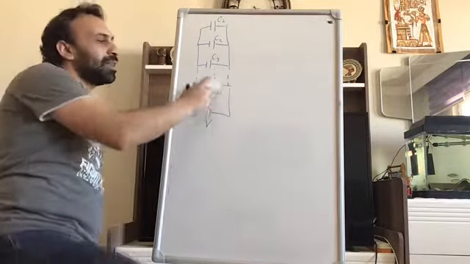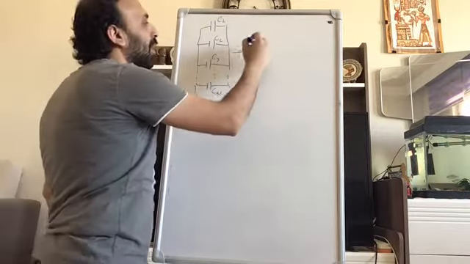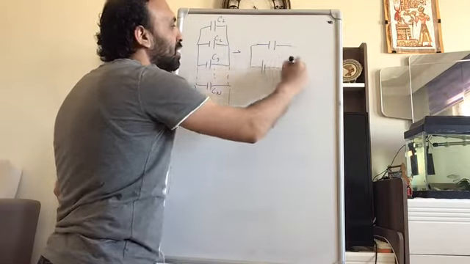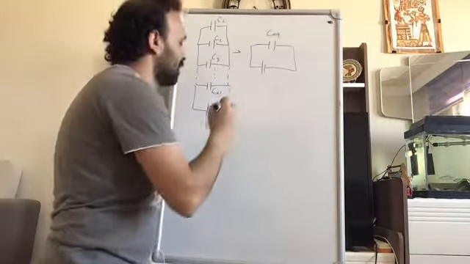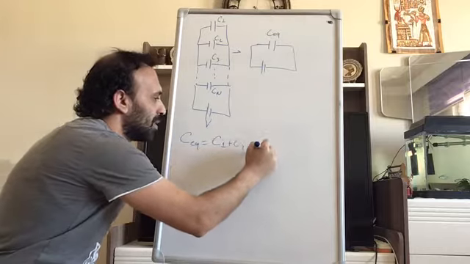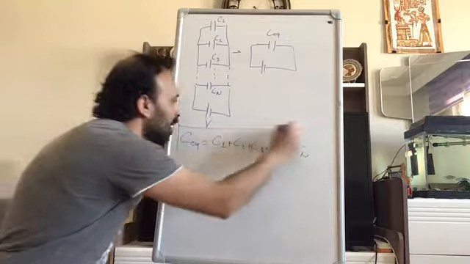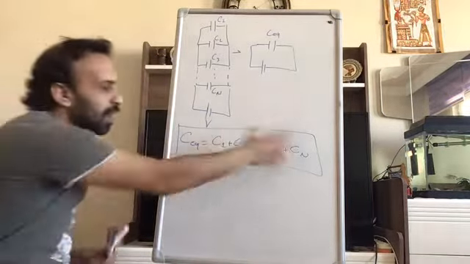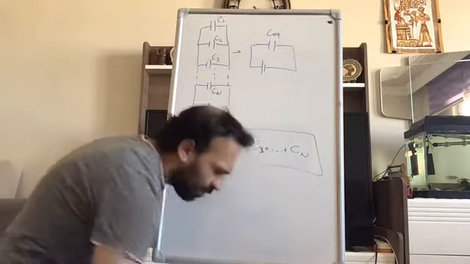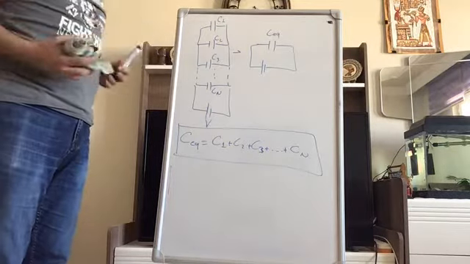If I connect n capacitors parallelly to a power supply, and if I want to have the same amount of energy with a single capacitor C equivalent, then C equivalent will be simply the summation of C1, C2, C3 and so on up to Cn. If you add the capacitances of all capacitors in the system, it will be equal to the C equivalent. Okay, so this is the discussion about the connections of the capacitors.